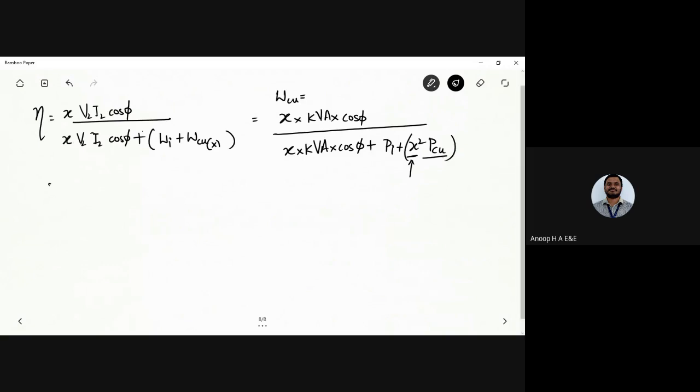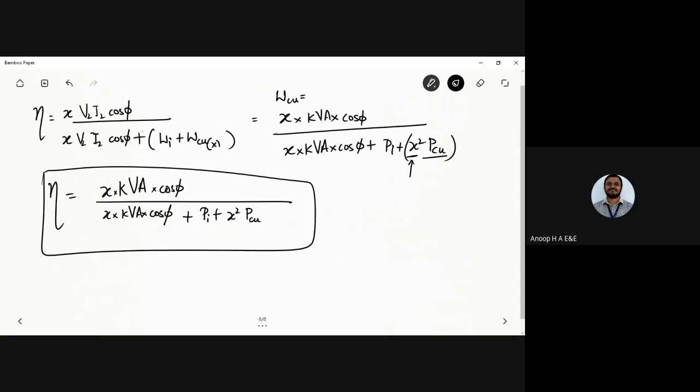This is how I can define the efficiency, multiplied by 100.